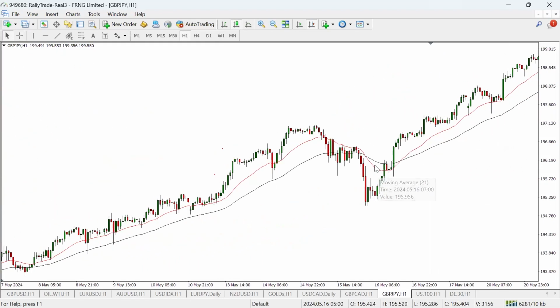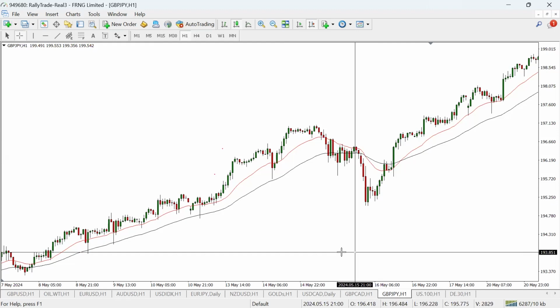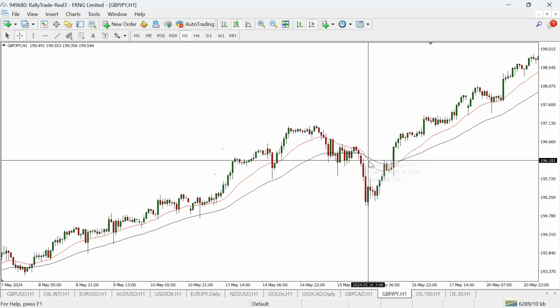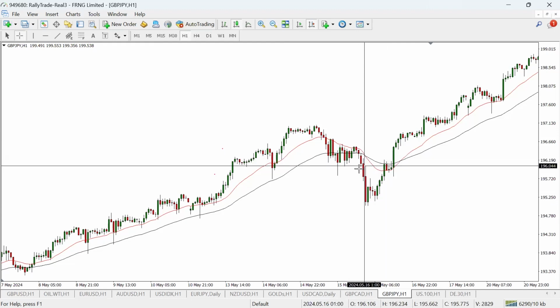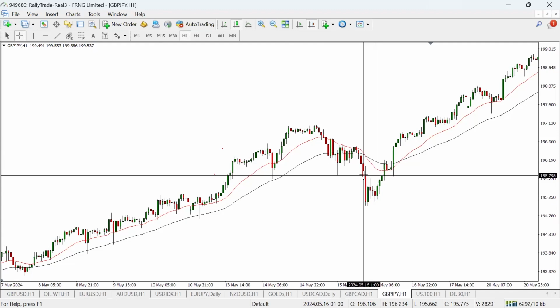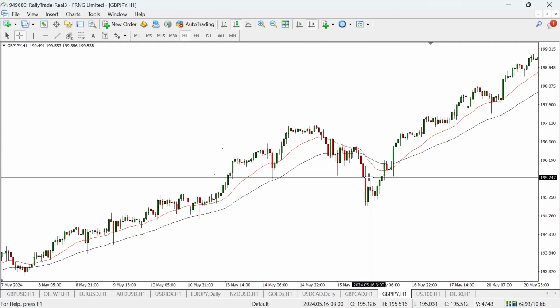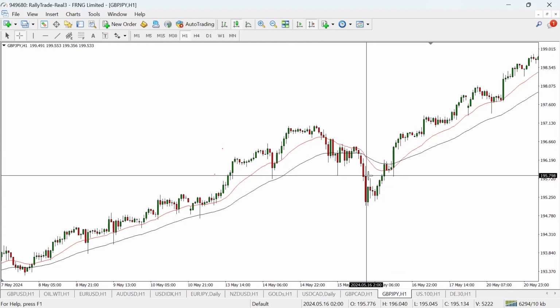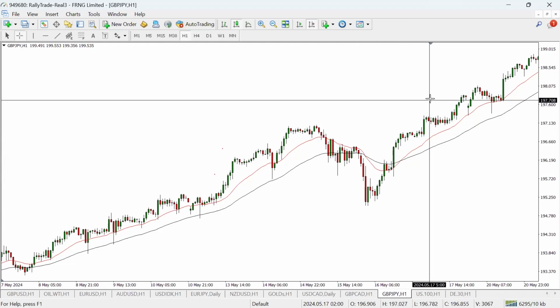Now, the reason why I don't recommend using moving average for your entry and exit is because it's actually quite risky. In a system whereby you can see the price trading below the moving average, if you blindly take a sell, you would actually be caught up in the reversal.